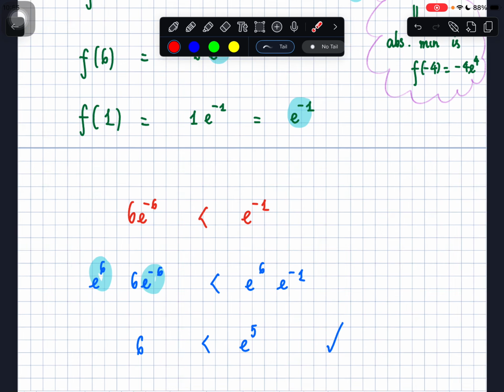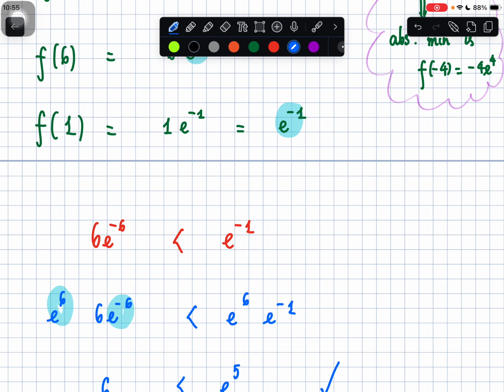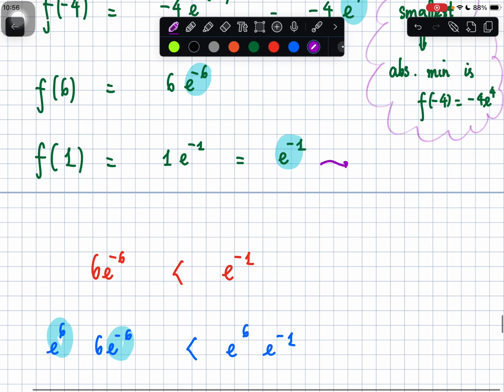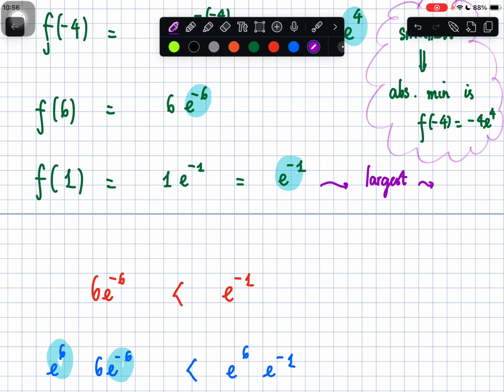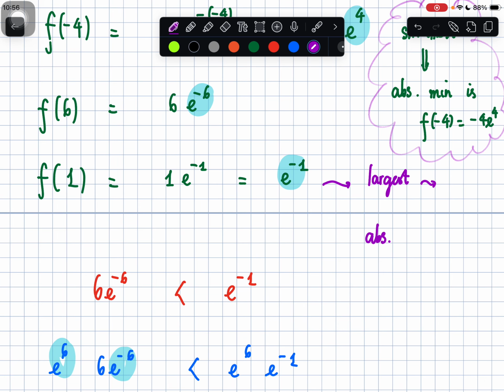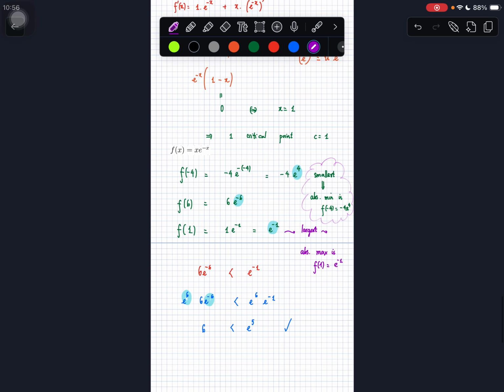So the largest one is e to the minus 1, and therefore this is our absolute maximum. The absolute maximum is f of 1 equal to e to the minus 1. So that is our answer for the absolute max and absolute min.